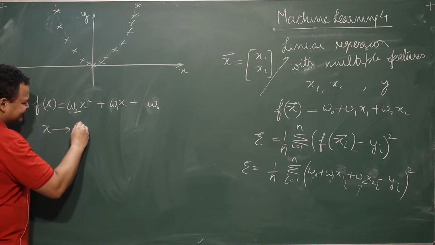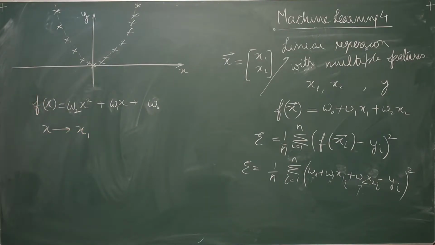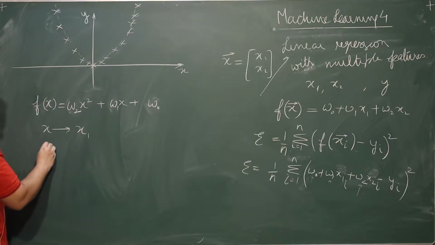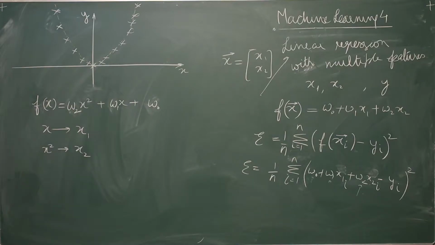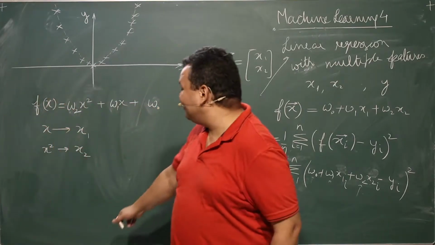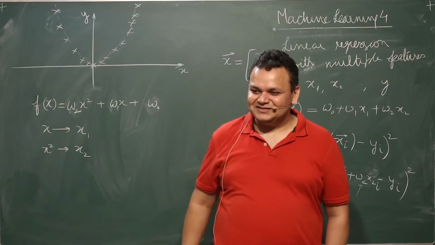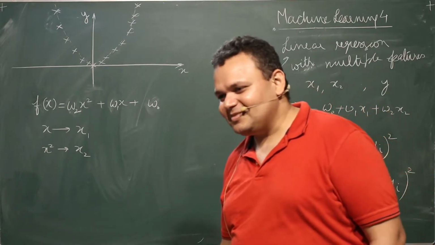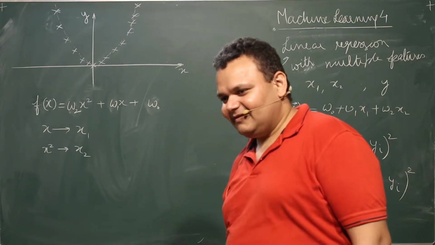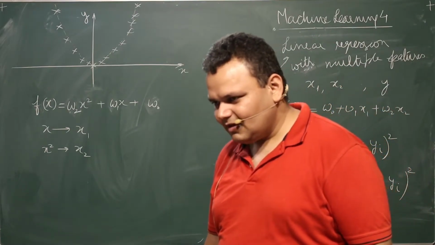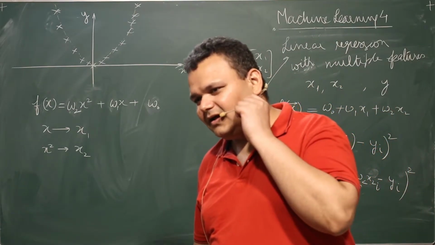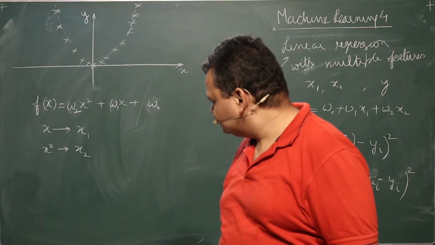Let me call x as x1, and let me call x squared as x2. As long as I understand what x1 and x2 are, does it make a difference if I do that? No, sir. But x1 and x2 are two different features that we have defined.